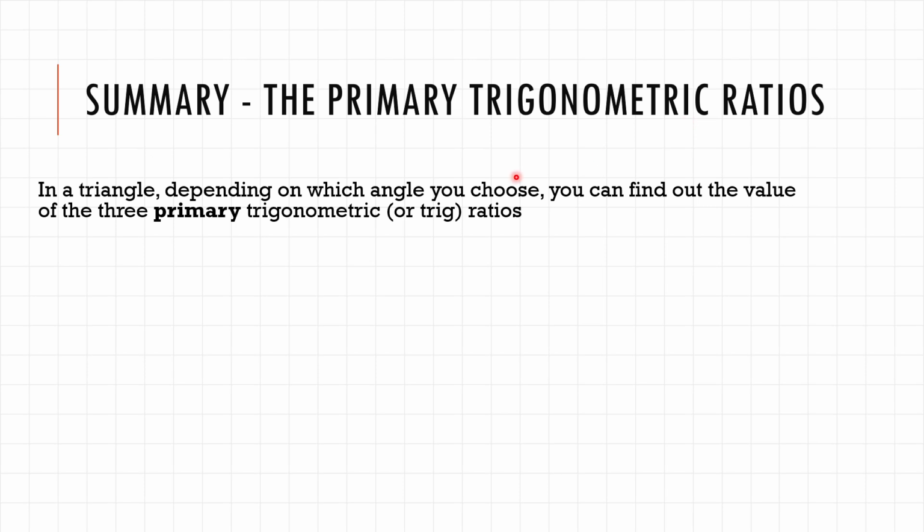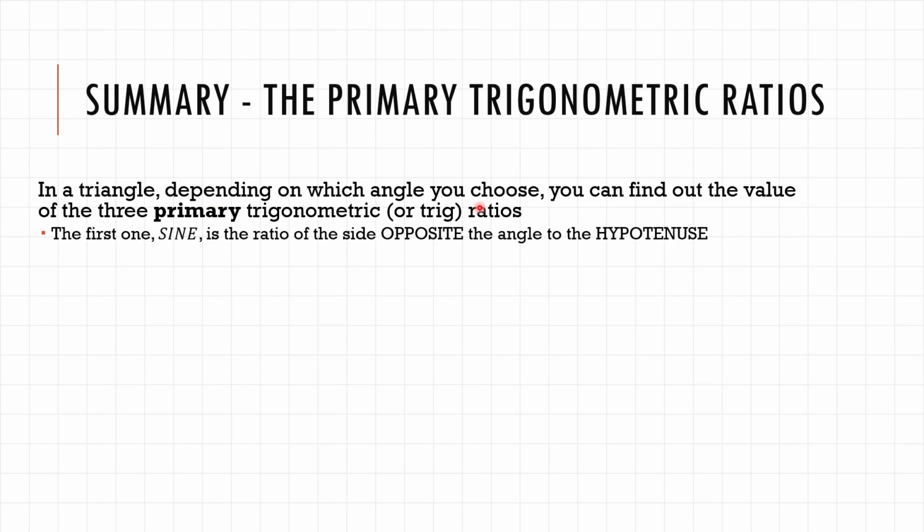In a right triangle, depending on which angle you choose, there are three ratios that are always true. The sine ratio tells you how big the side that is opposite the angle you're talking about will be in relation to the hypotenuse. How many times as long as the hypotenuse is the opposite side.